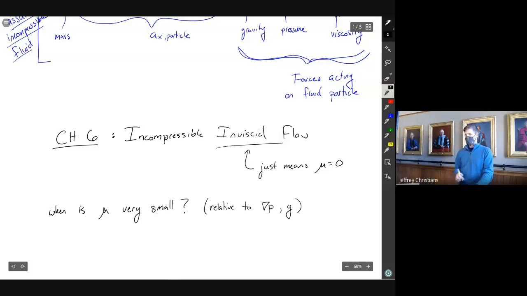So small is not, there's no absolute, but it's small relative to the other stuff, relative to pressure differences in the system, relative to gravity.